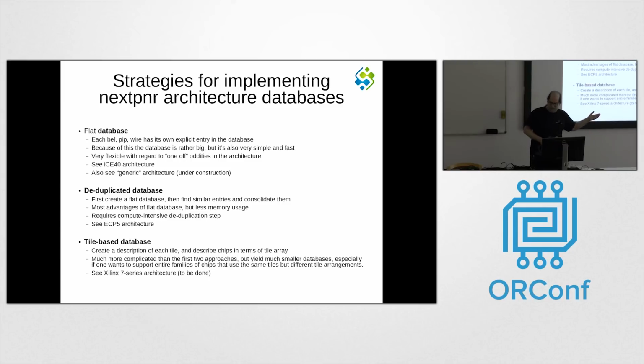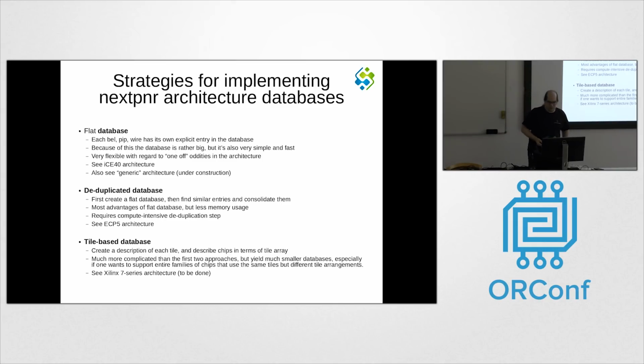With a deduplicated database, the approach is we first generate a flat database, but after we have generated the flat database, we analyze it to find things that are completely the same, and then we can deduplicate it and say, okay, there is only one blob in the database for this kind of tile, and then a couple of references that say, oh, this tile and this tile and this tile, they all fall in the same category as that one.